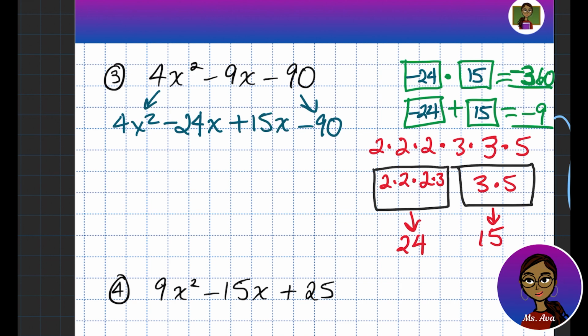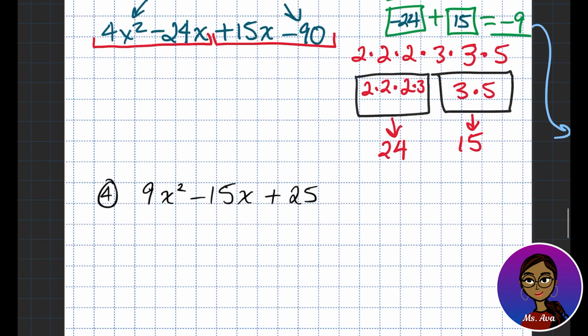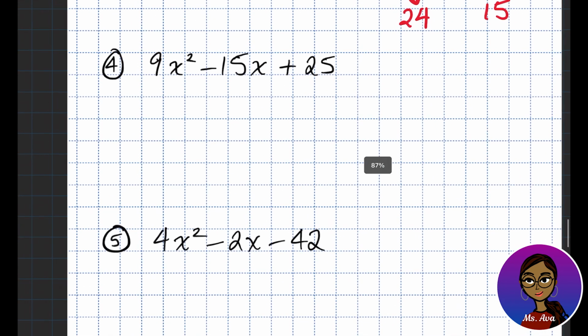Perfect. And then here, what would be the next few steps? Then you would just group them, and then you would take out the GCF from each of the groups. Yes, exactly. Okay, so we are going to leave the rest of this for you guys to do, and then let's look at the next one.